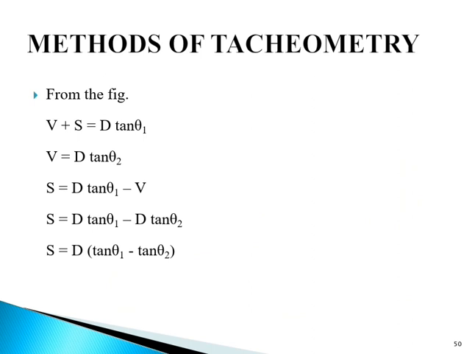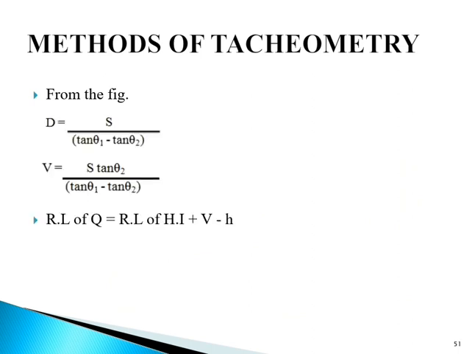Further simplifying, S is equal to d into bracket tan theta 1 minus tan theta 2. So d will be given by S divided by tan theta 1 minus tan theta 2, and V is given by S tan theta 2 divided by tan theta 1 minus tan theta 2. And RL of Q, or reduced level of Q, will be given by RL of HI, the reduced level of height of instrument, plus V minus H. So these are the required 3 equations.